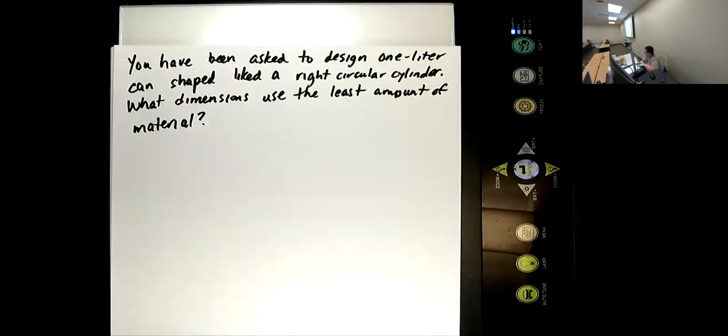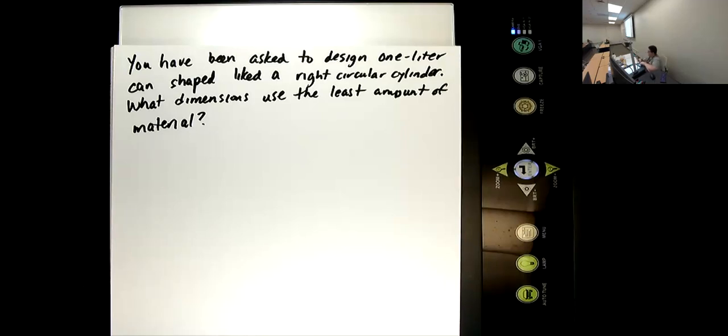All right, write that question down, then we'll start drawing a picture. If we need to, we'll look things up. Does anyone know what a right circular cylinder means? Besides me? It's just a regular can. It's got vertical sides. It's not at a tilt.